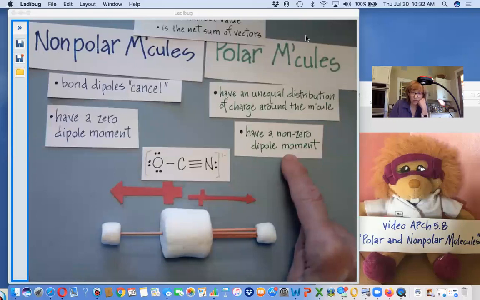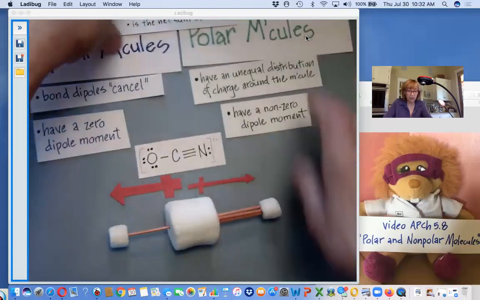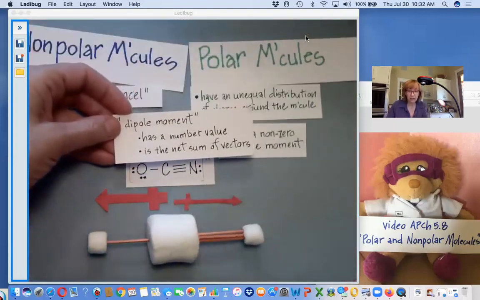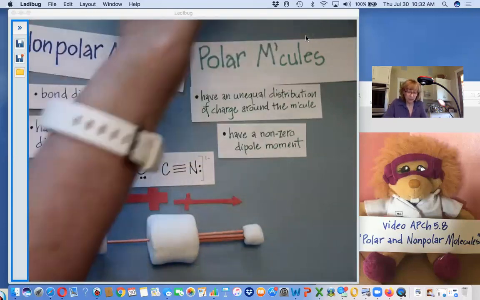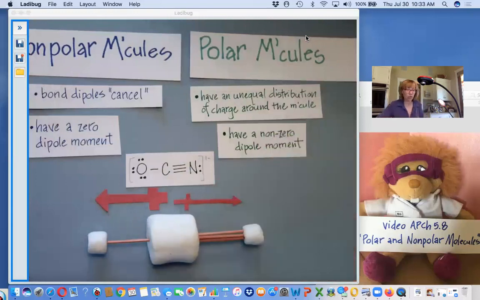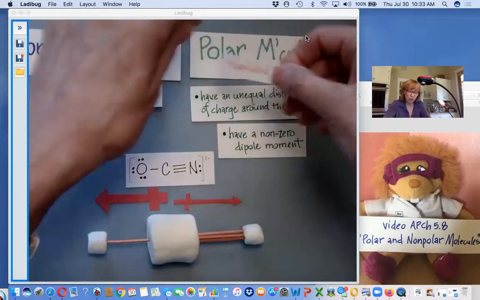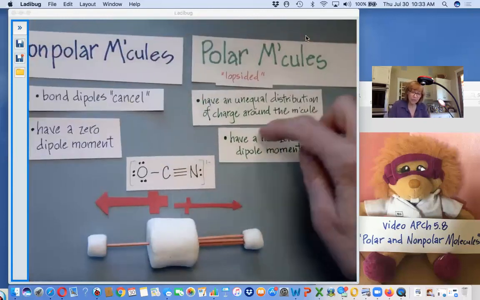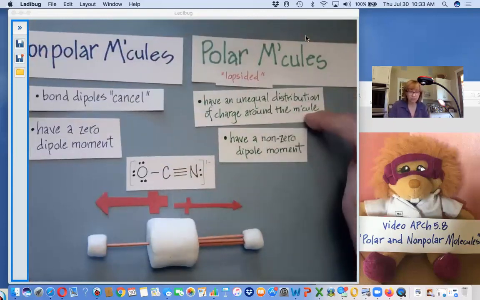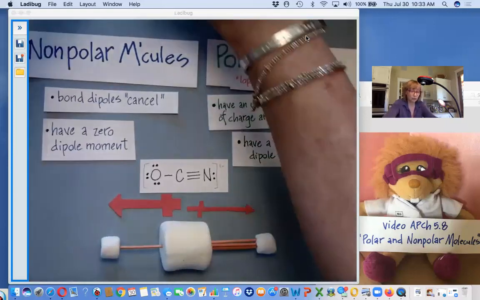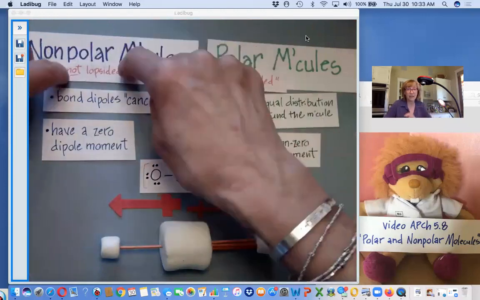So non-zero dipole moment, where dipole moment is in effect the net sum of the vectors. This molecule is lopsided. It's a polar molecule. So we're going to think of polar molecules as being lopsided in their distribution of charge, and we're going to think of non-polar molecules as being not lopsided.